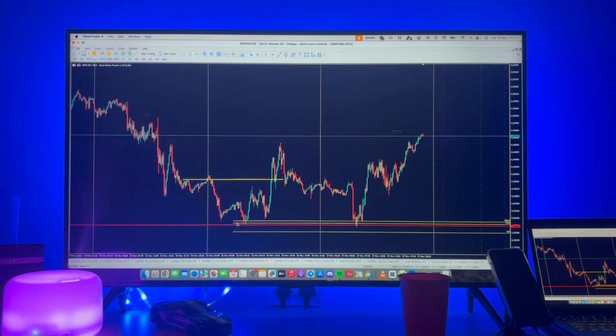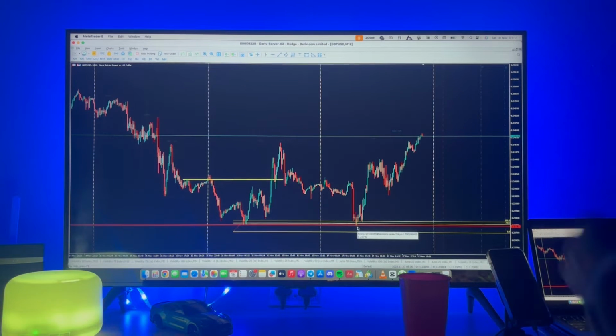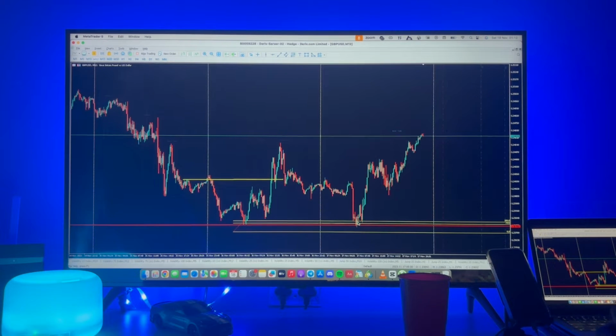So as you can see, this was the Tokyo low, this was our zone of interest, and price did break this Tokyo low, as you can see with this wick here. So this is probably the best place to execute a position.